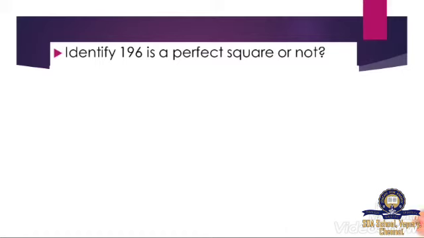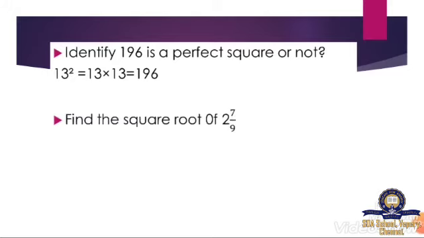Now, identify whether 196 is a perfect square or not. Very good. 13 squared is equal to 13 into 13. So the term is a perfect square. Now find the square root of 2 7 by 9. Exactly.